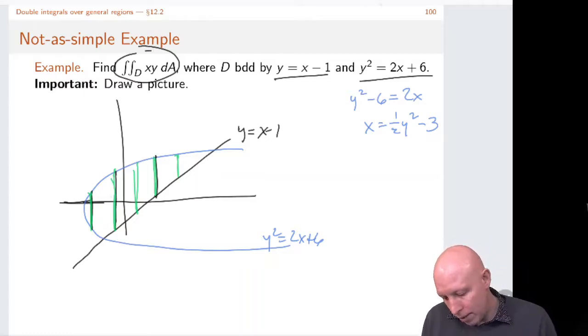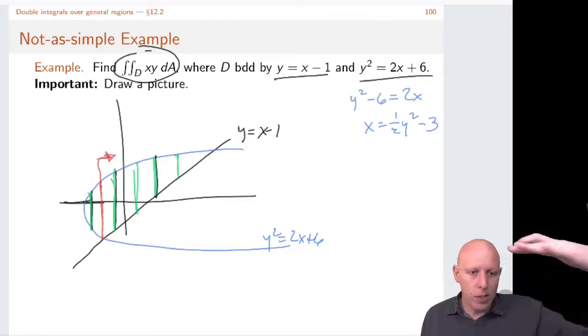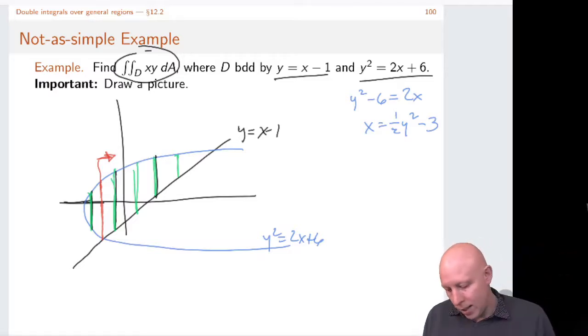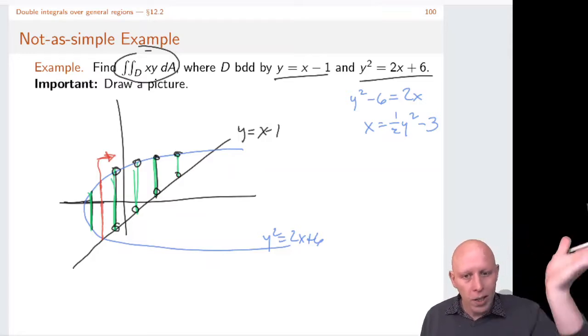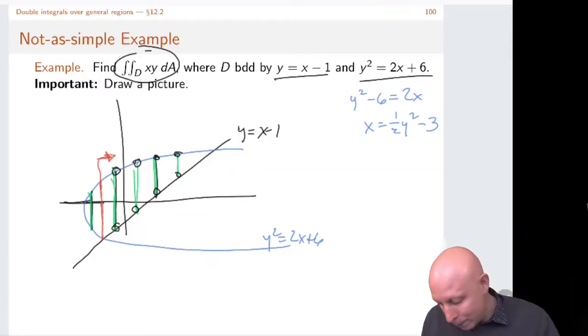If we look at this red line here, if we're on the right side of this red line, then the upper function is the blue curve, and the lower function is the black line. So if we look at all of these vertical slices, everything has an upper function, the blue curve, and a lower function, the black line.